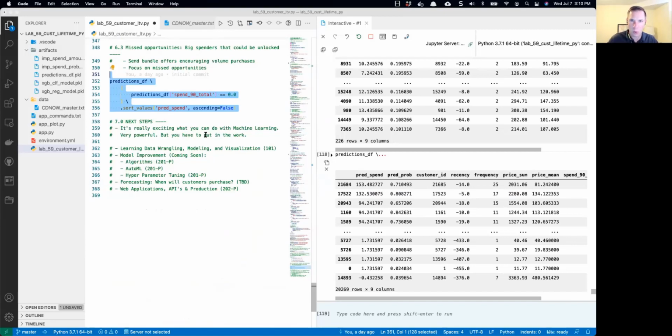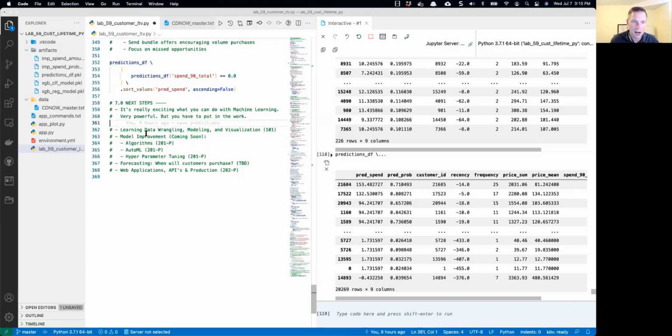If you think about what went into this analysis and what you need to learn to be able to do this type of thing for your company, there are key concepts. Things like data wrangling, modeling, and visualization are what I call foundational skill sets. Those are things that I teach in my 101 course, which I'll talk about in a few minutes.